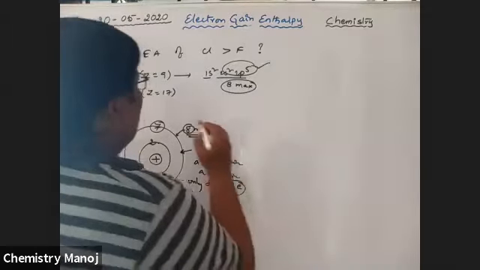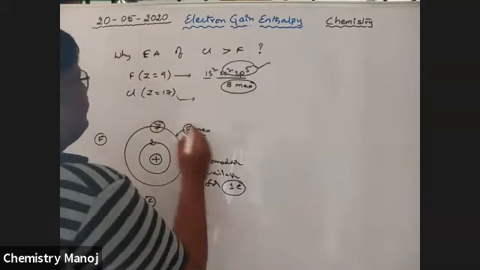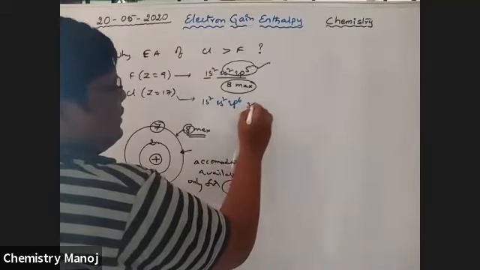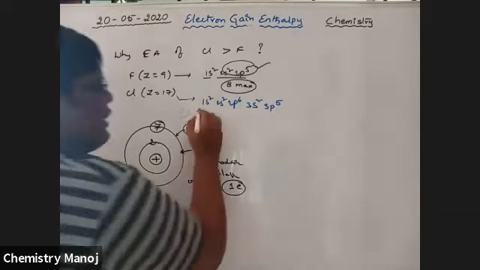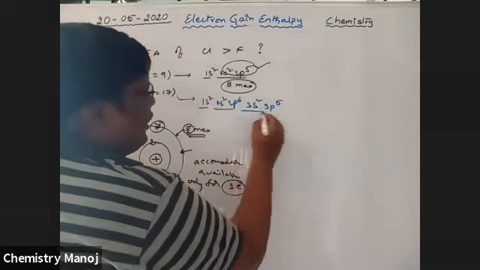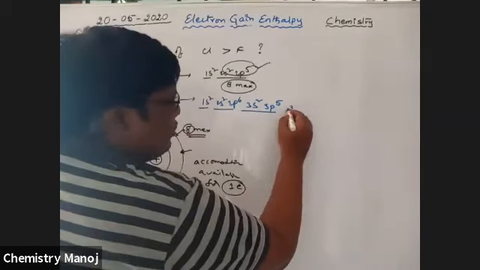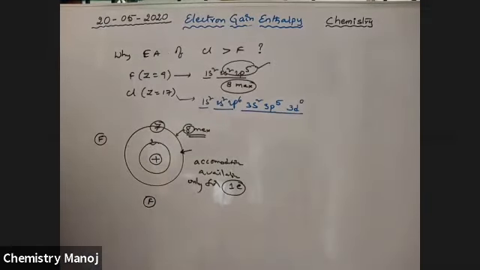Next, what about chlorine? Now I am going to write the chlorine electron configuration: 1s2, 2s2, 2p6, 3s2, 3p5. So it is the first orbit, second orbit, third orbit. The third orbit also contains 3d orbitals, but there are no electrons in them.